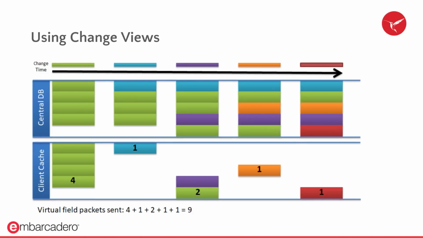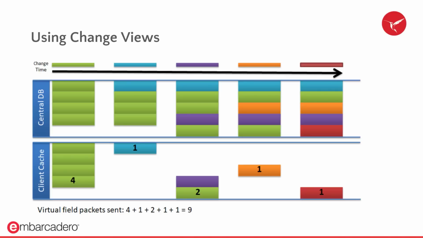Now, using InterBase's change views, you can identify specifically what deltas have changed, at the field level. So using that, you only need to package and move the data that has actually changed. In this case, you have 9 changes that need to be fetched in that set period of time.